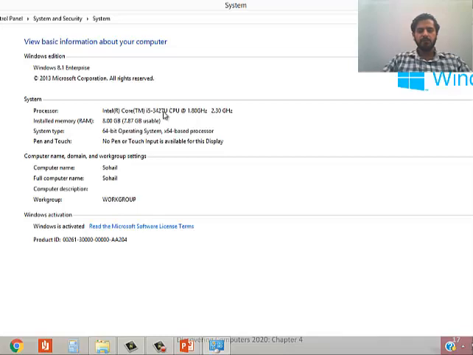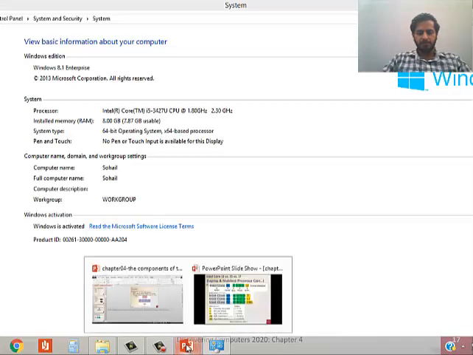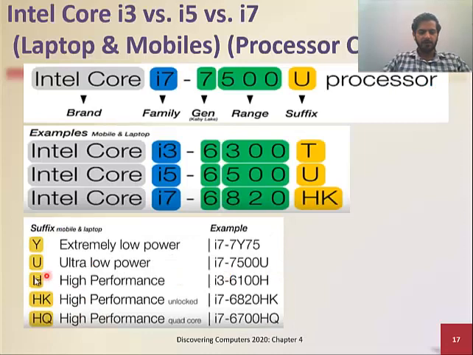Why did I choose U? If you see here, you have other suffixes also available. You have Y, which means extremely low power, H high performance, HK high performance unlocked, and HQ high performance. So you have different attributes that come with the processors.